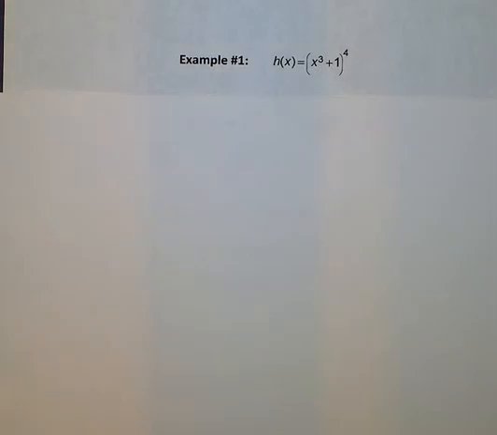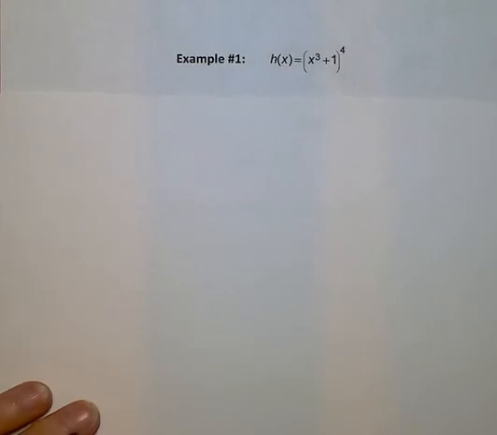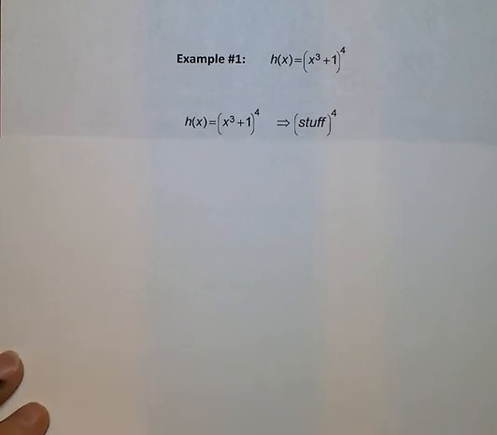Again, our function is h of x equals x cubed plus 1 to the 4th. This is basically of the form stuff to the 4th. We have something worse to the 4th. We know the derivative of x to the 4th is 4x cubed.